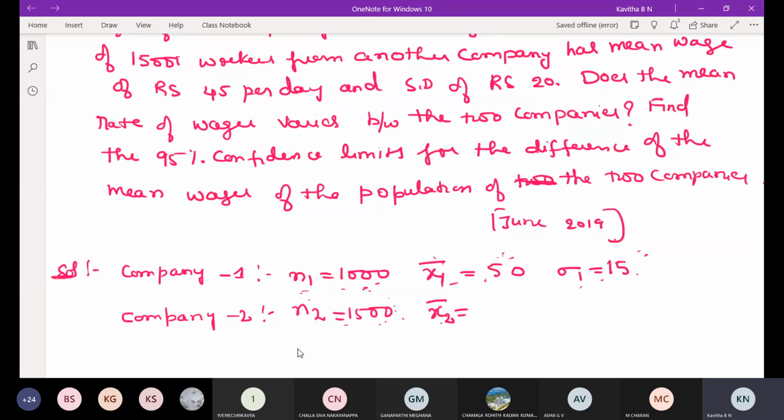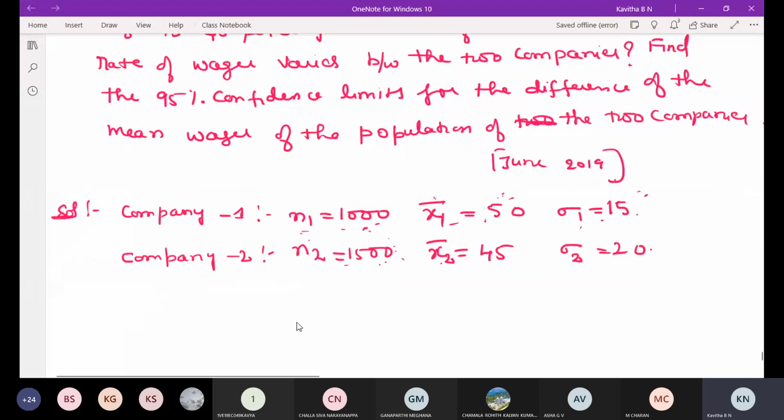The mean wages of the second company is 45, where standard deviation is 20. Then write down z is equal to x1 bar minus x2 bar whole divided by square root of sigma 1 square divided by n1 plus sigma 2 square divided by n2.